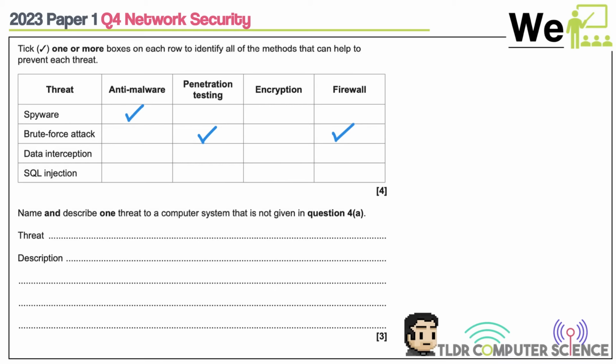Encryption will not stop data interception, but if you intercept the data and it is encrypted, then it is useless to you unless you have the cipher key. So encryption doesn't prevent data interception, but it prevents the problems associated with it. And a firewall, well, at this point this is data that's left your network, so the firewall's probably not going to help because it's already left.